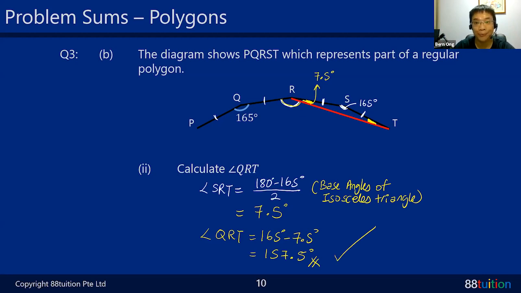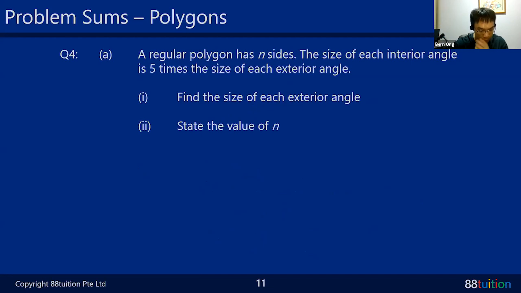Let's move on to question 4. A regular polygon has n sides. The size of each interior angle is 5 times the size of each exterior angle. Primary school, draw model. So we have one interior angle versus one exterior angle.